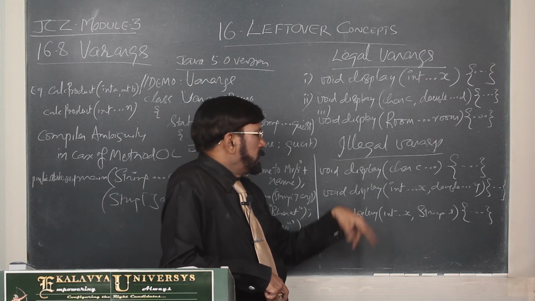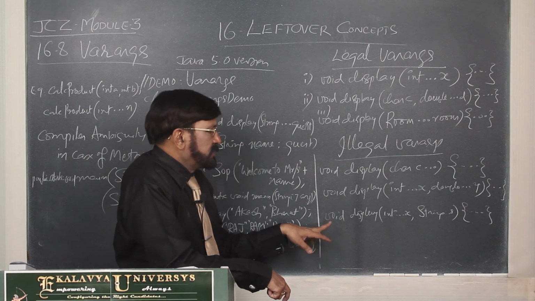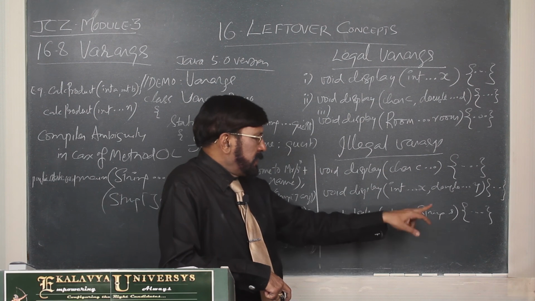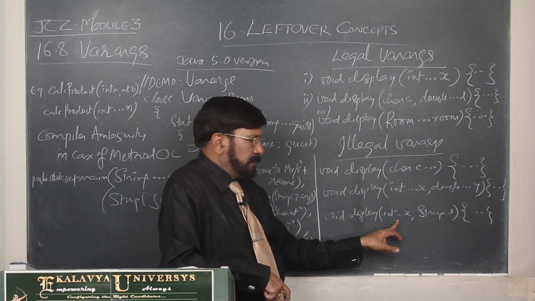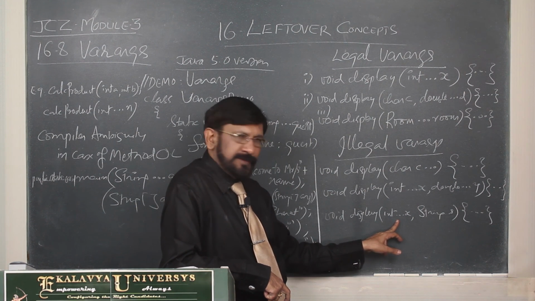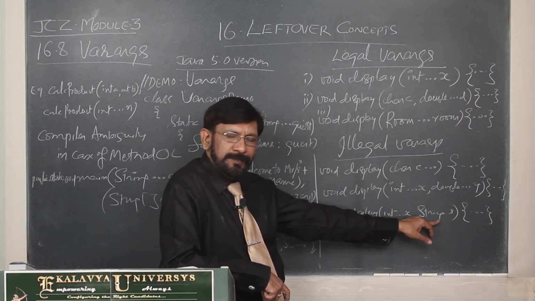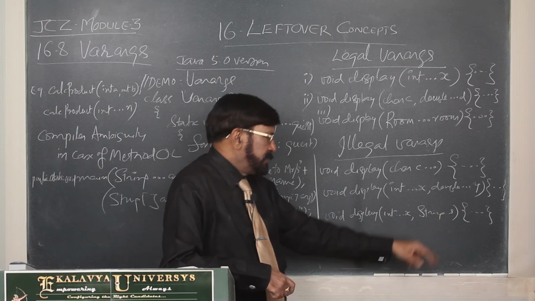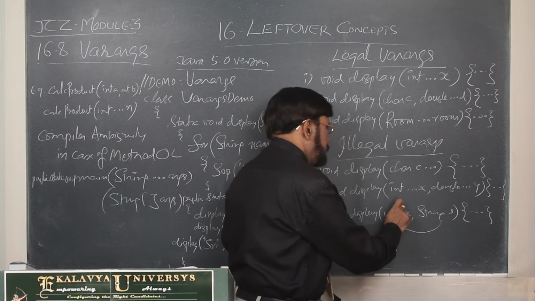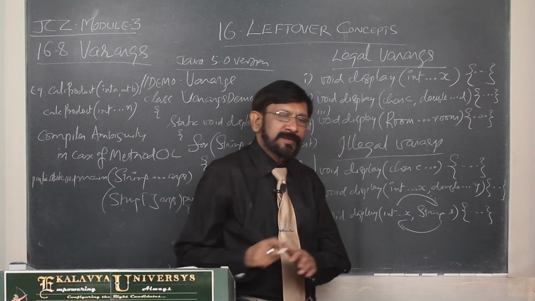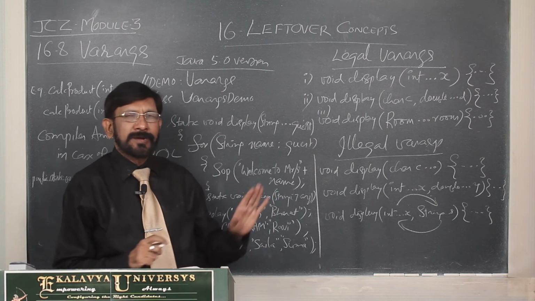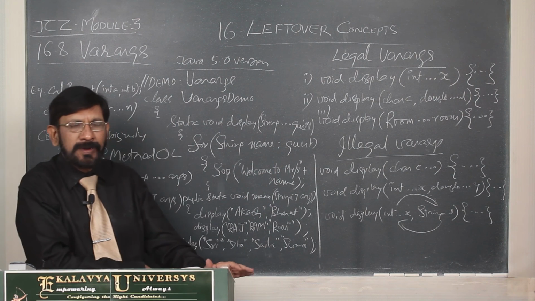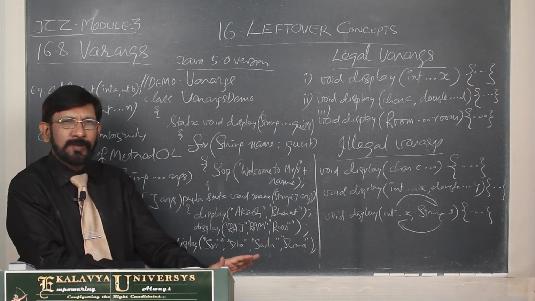That point you remember. Thereafter, now we see in this what mistake you committed. We have written the Vararg first, next the normal one. So, this is illegal. How can you make it legal? This first, this next, then that is legal. So, all those do's and don'ts you remember, and you write a number of programs.